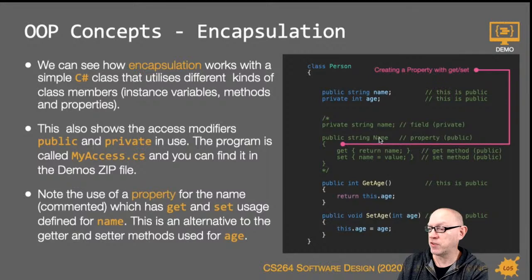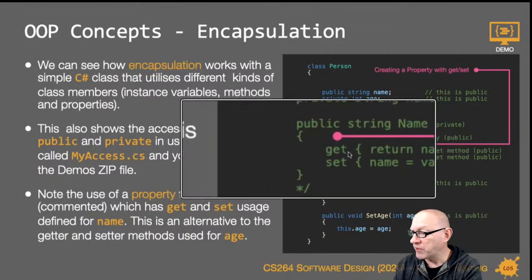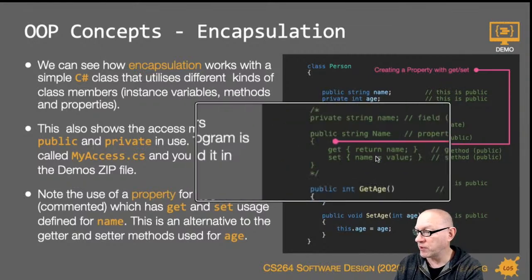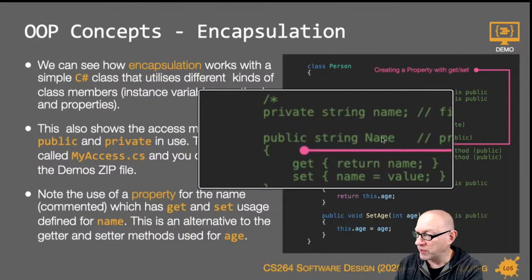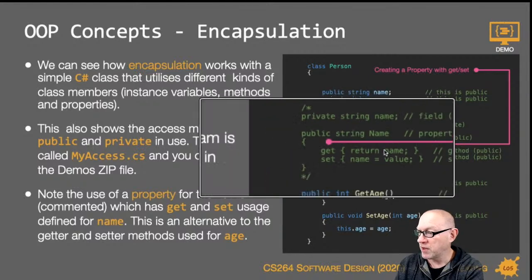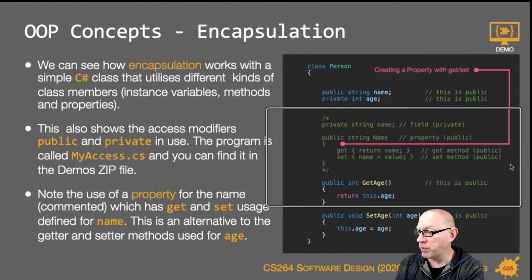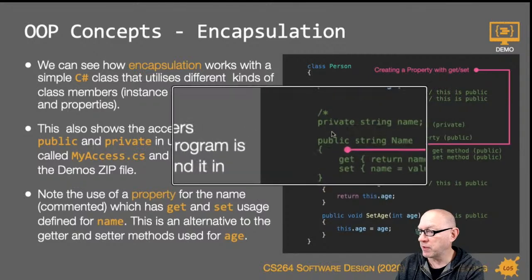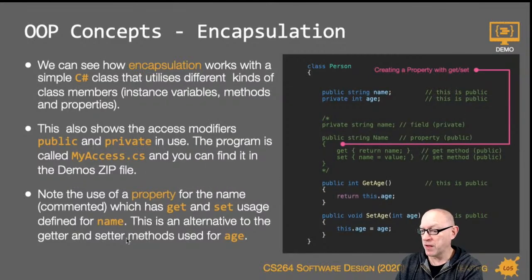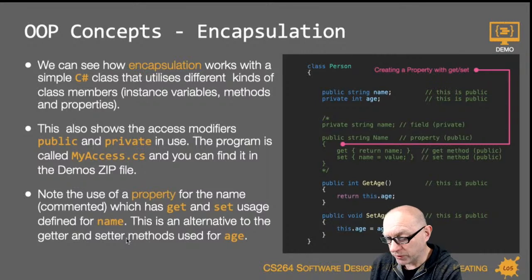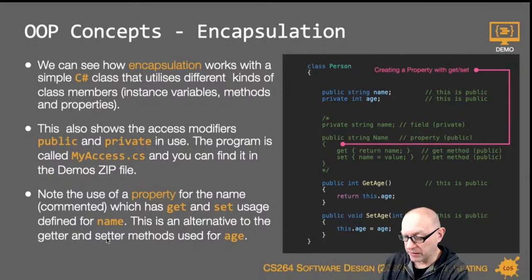So we can see this association between the property and this field or instance variable. Then we set up the get and set methods associated with the property. So when this is used in a get context or in a set context, we're able to work with those. But these are public, because the property is public. Okay, so let's head on over to VS Code and see if we can get this one working.